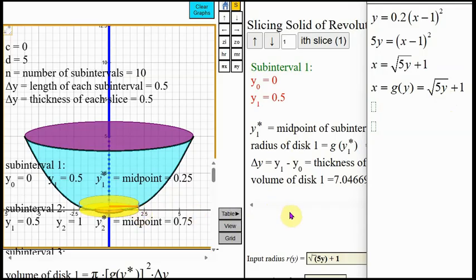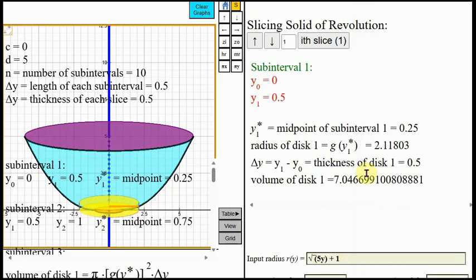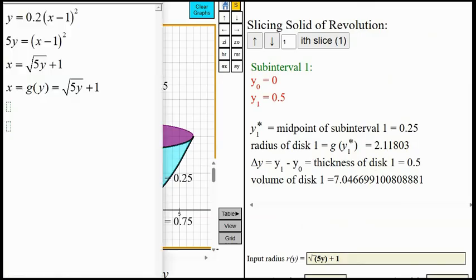And so in this case, the radius is going to be 2.11803. So once again, to get this 2.11803, we're going to go to this function right here. In the place of y, we put 0.25 and then simplify, and we get 2.11803.